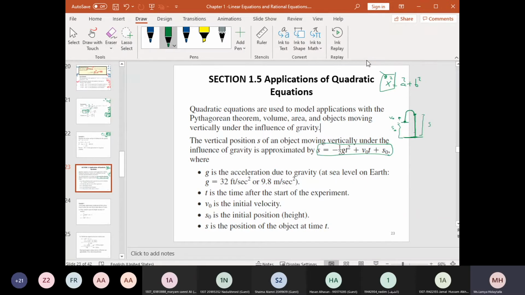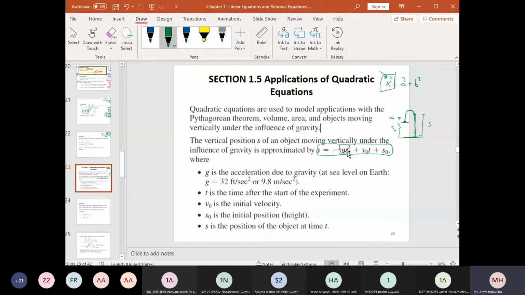You want to know where the rocket is here, here, here, after 3 seconds, 1.2 seconds, whatever. Clear? And g is the acceleration due to gravity, which is 9.8 meters per second squared if I'm using the metric system; in the other system it is 32 feet per second squared. So this is a constant number, g.